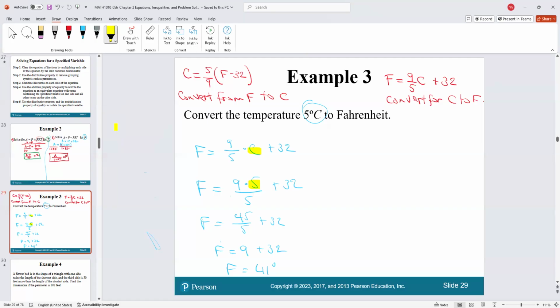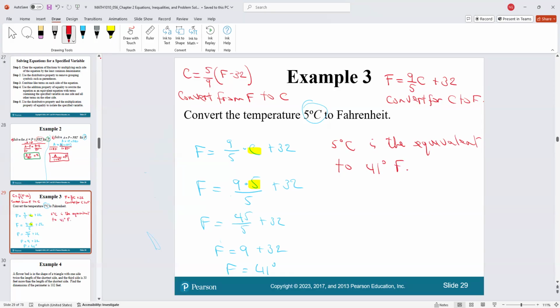Once I see that, I would conclude that 5 degrees Celsius is equivalent to 41 degrees Fahrenheit, all right?